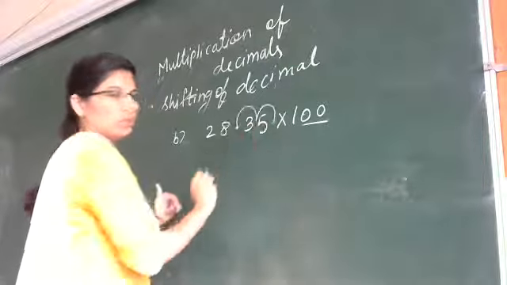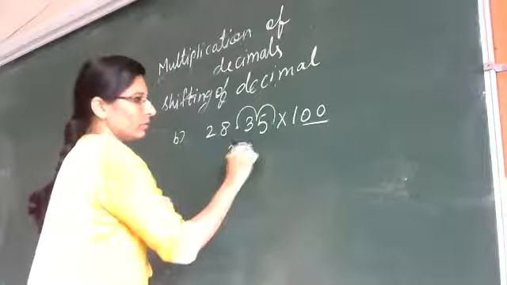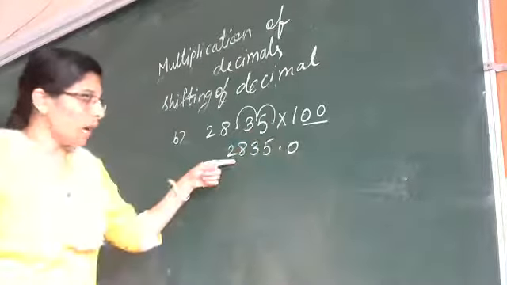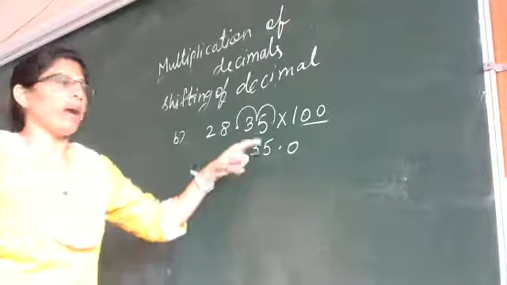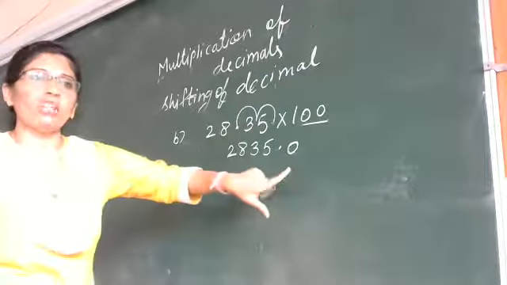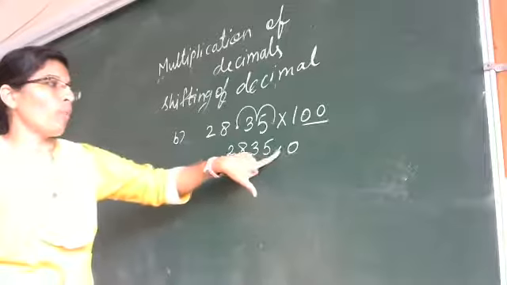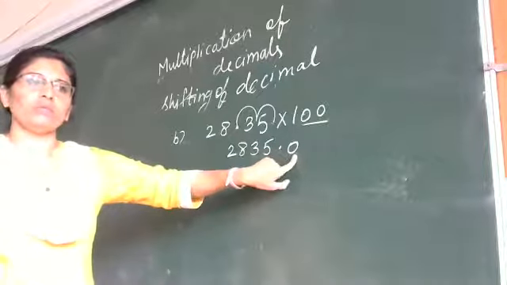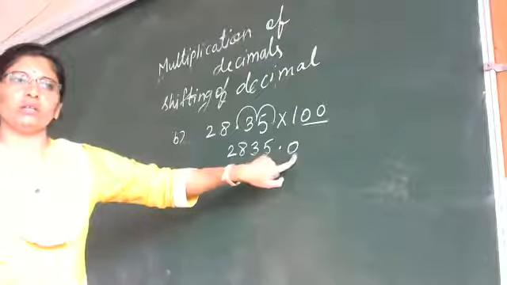So 2,835 and here nothing is there, so I am putting 0 here: 2835.0. Understood now? Yes, ma'am.